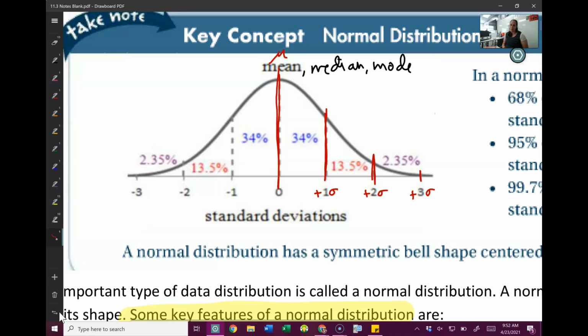That doesn't happen very often. Or we could go the other direction. We can also minus standard deviations. So minus 1 standard deviation, minus 2 standard deviations, minus 3 standard deviations. And once again, the farther away you are, the more unusual it is.